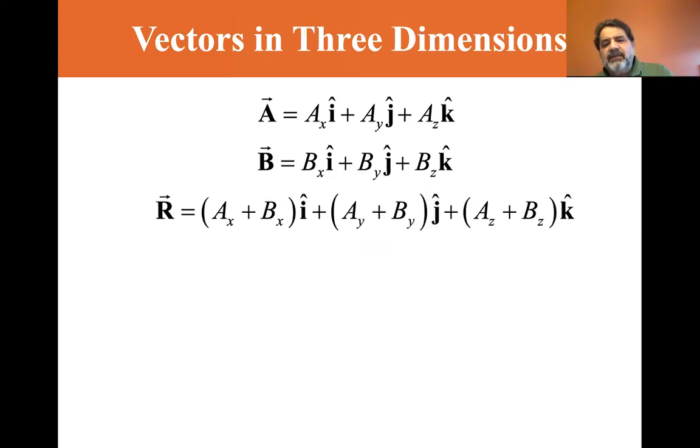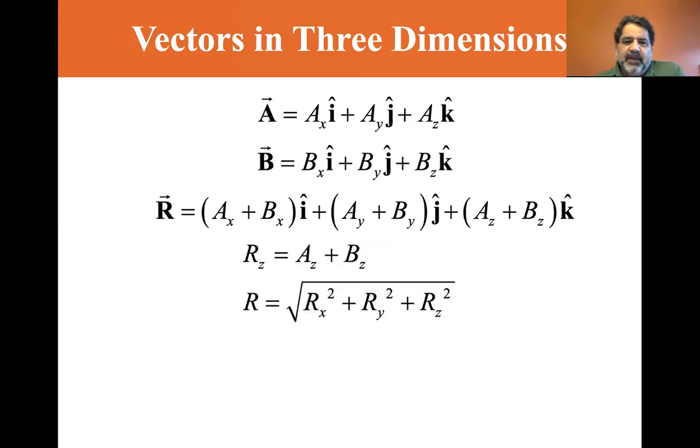And that's exactly what they've done here. You'll see inside the parentheses, the subscripts of i hat are both X, the subscripts of j hat are both Y, and the subscripts of k hat are both Z. So you gather the like components together.